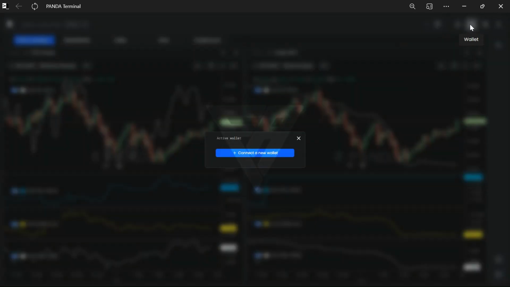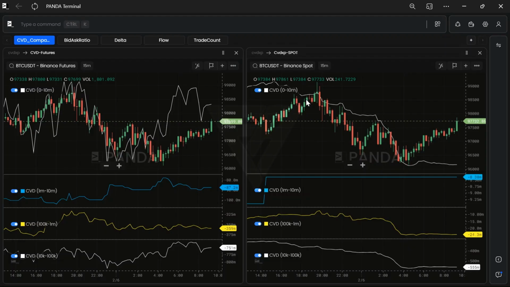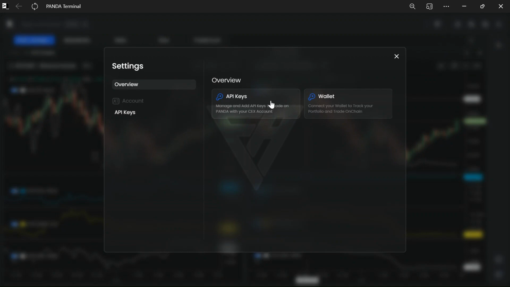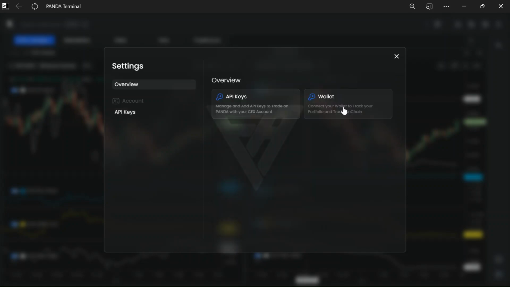Next is wallet. You can connect your wallets to trade through DEX. In the settings, you can link your Bybit account through API to trade directly. Also you can link your wallet to trade on DEX from here.